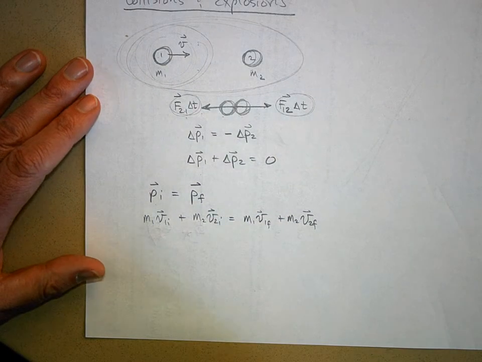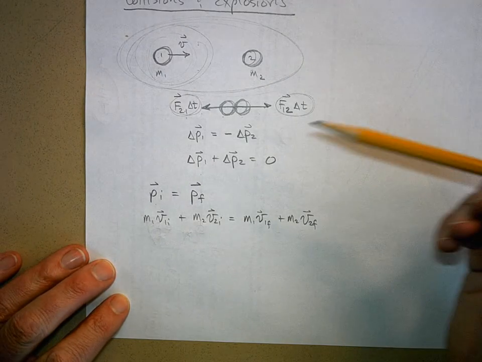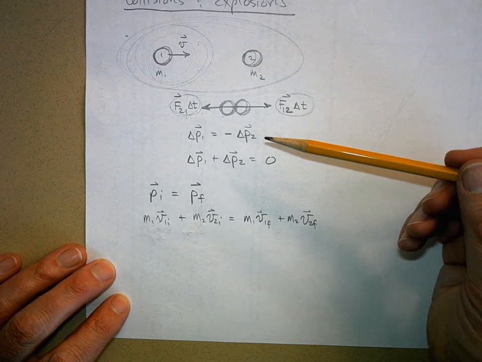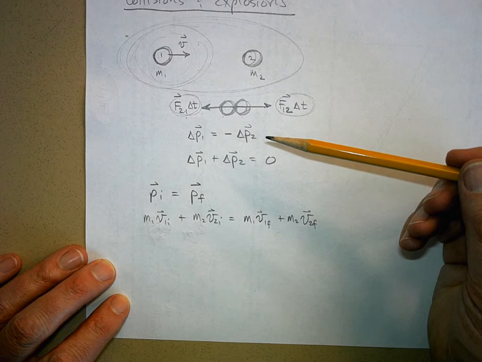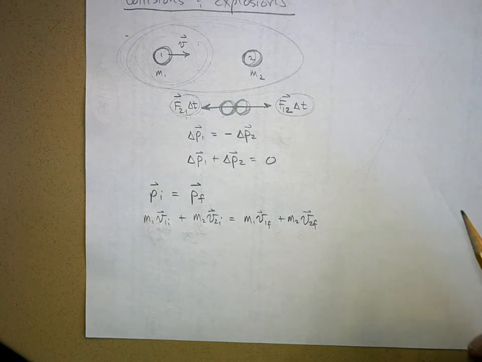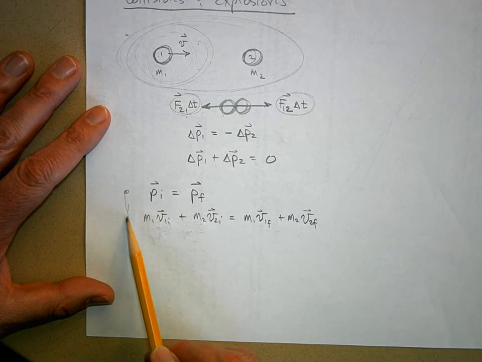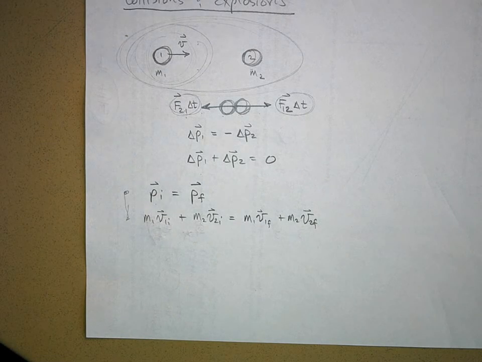Now, with the problems we're going to do, what does the vector hat mean? It means if my object is moving to the left, what do I do with my velocity? To the left means negative, to the right means positive. Now, if you wrote this down and then you wrote this down, I promise you, you can solve the problem.